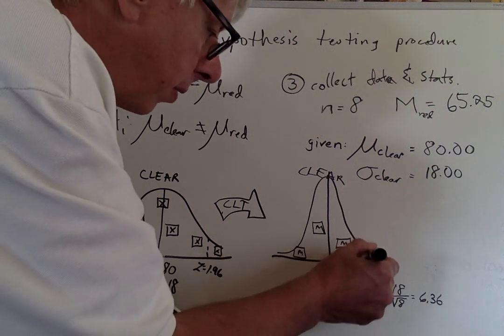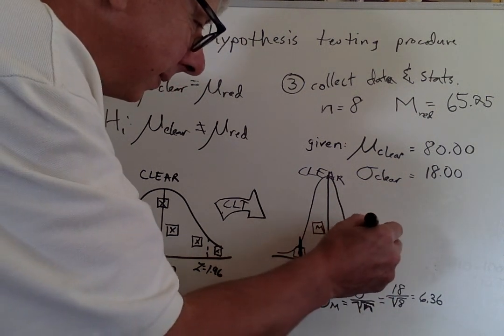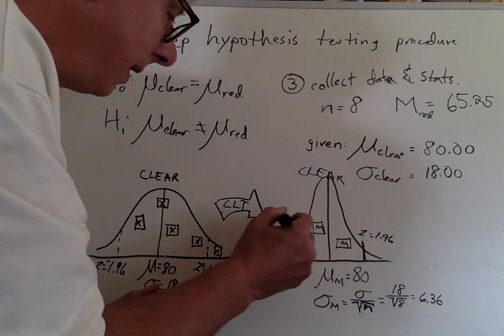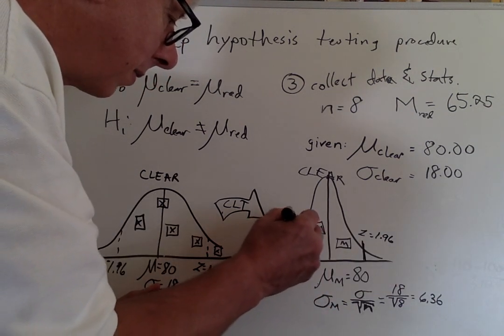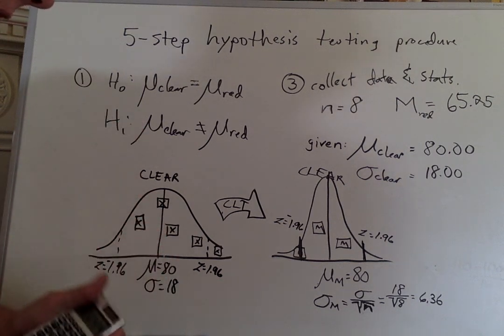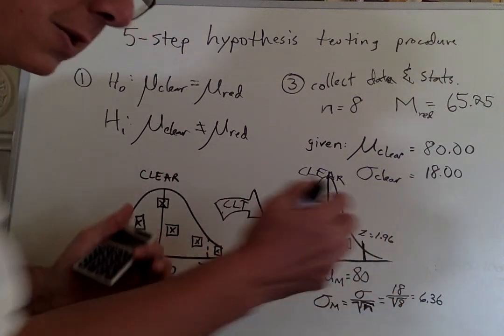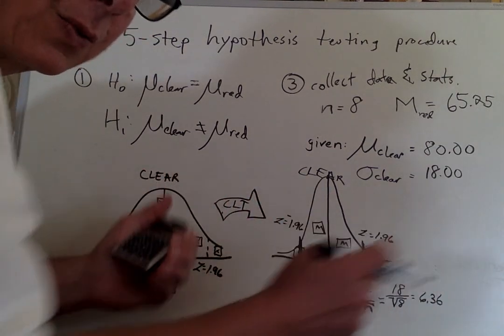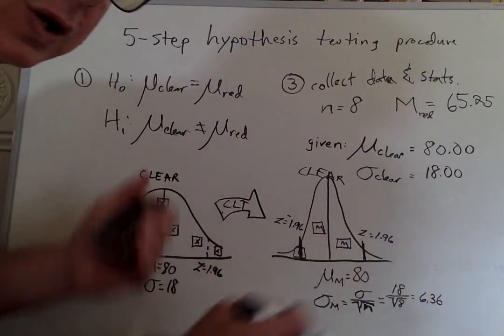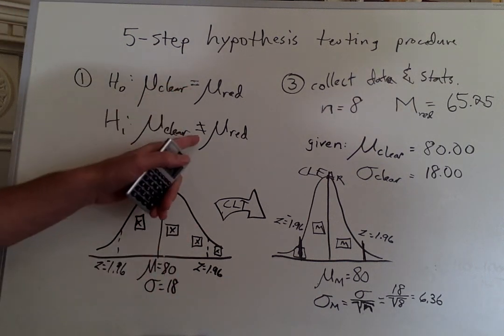And the beautiful thing about this, for any distribution, doesn't matter if it's a sampling distribution or individuals or whatever the numbers are, a z-score of 1.96 defines what is weird, defines what is abnormal, defines what is unlikely, improbable, and in fact defines equality versus inequality.